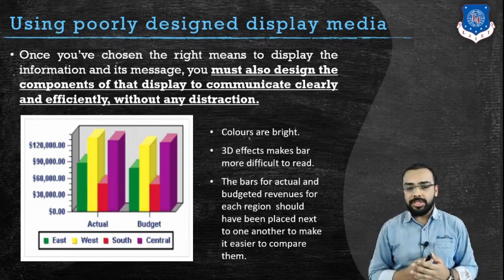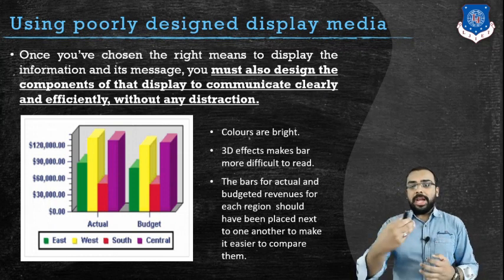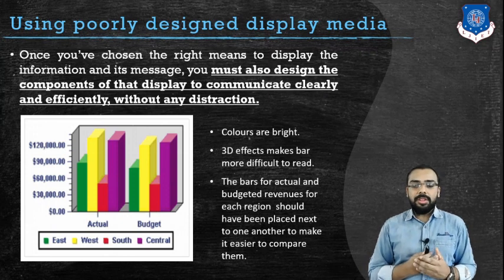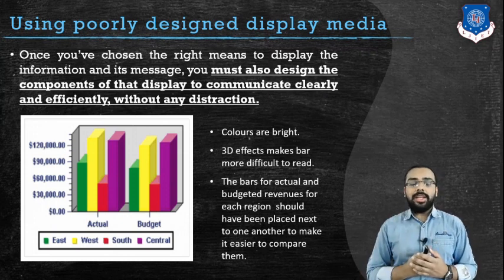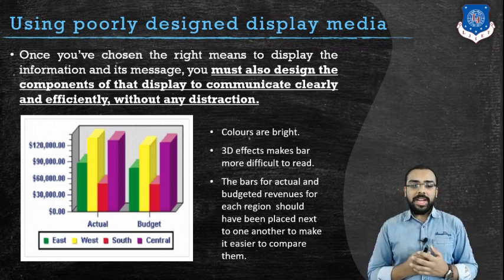Another thing you can see over here is they are using bright colors. As well, if you observe this particular graph, there is a 3D type of graph, which makes it more difficult for the end users to read the data.